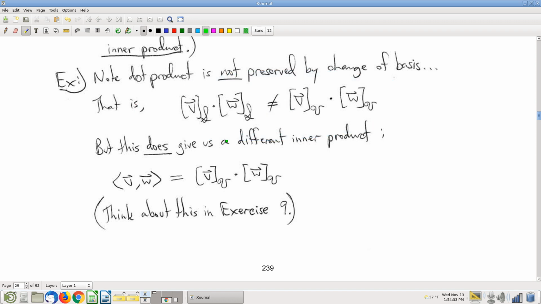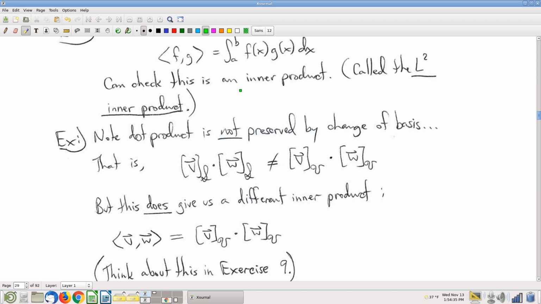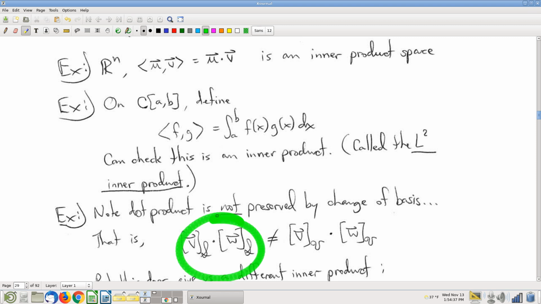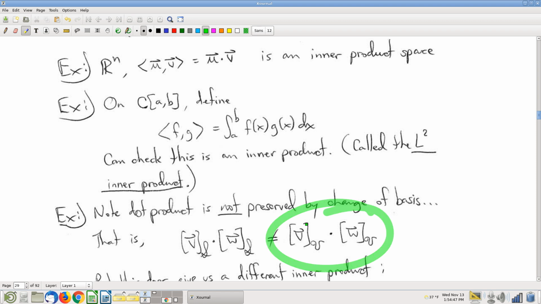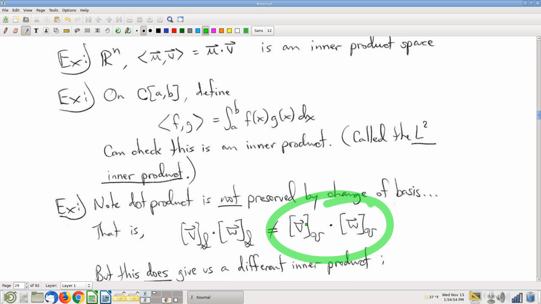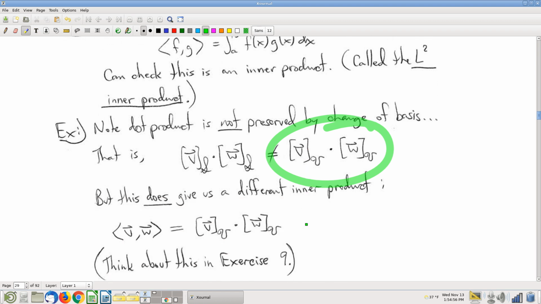So that being said, we already know that the dot product is an inner product. That's easy. Again, that was our model. Right? This dot product in a different coordinate system is not the same, but it turns out it is still an inner product.